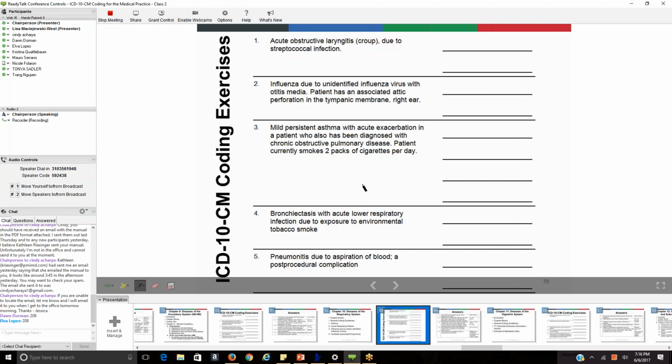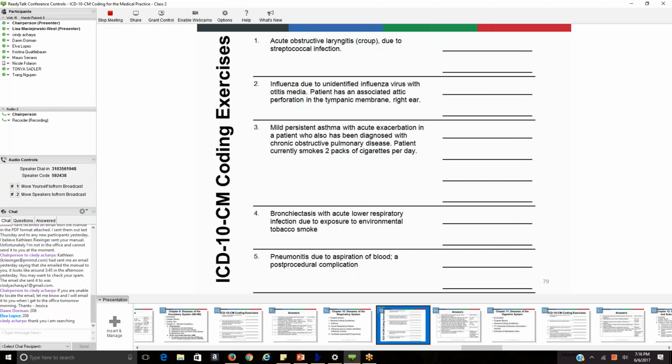And we have acute obstructive. So acute obstructive, J05.0. Okay, so this is the first code that we need to look up. Let's go to J05.0.